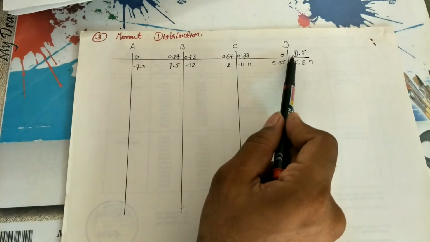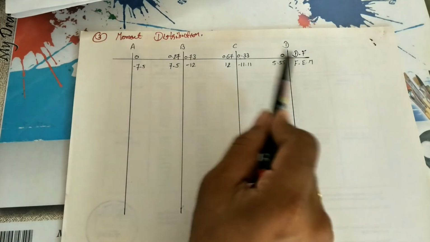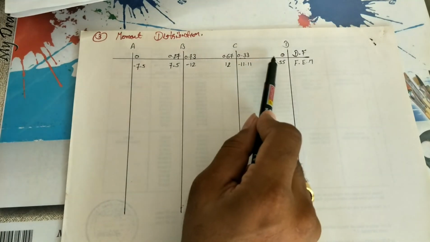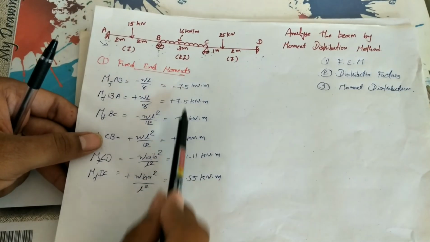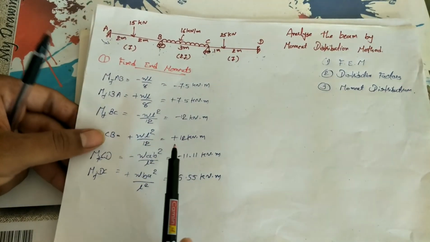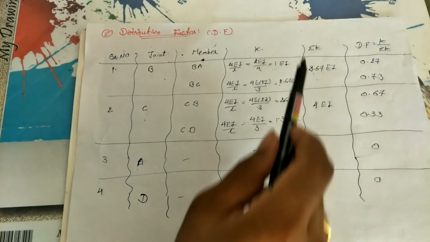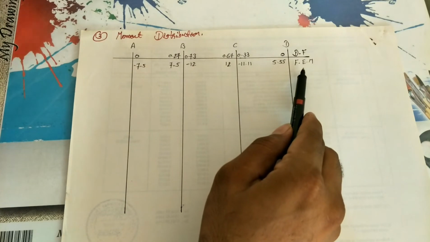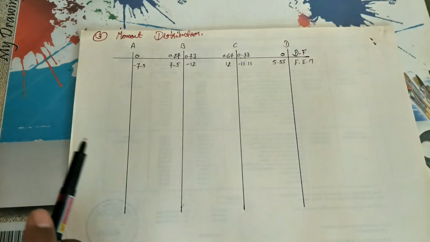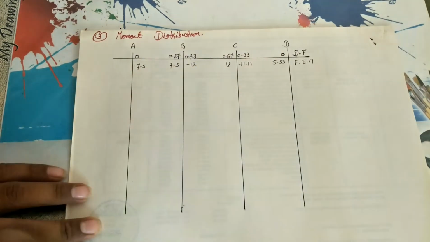These ends are fixed, so you can see the distribution factors at the ends are 0, 0. These are the fixed end moments that you have calculated over here, and the distribution factors are these values. The distribution factor values we have to write on the top side, and fixed end moment values we have to write on the next line.